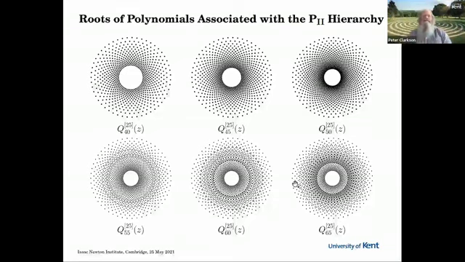I should say that most of these also have z equals 0 as a root, but I've not plotted it. I took it out as a way of generating what these actual roots are. So this is what's happening as capital N also becomes large.